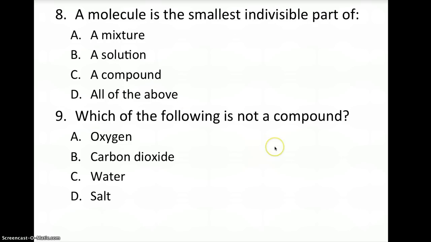Number 9. Which of the following is not a compound? That's another word to look out for. Which of the following is not a compound? A, oxygen, B, carbon dioxide, C, water, or D, salt.